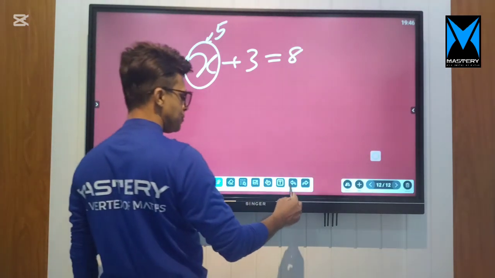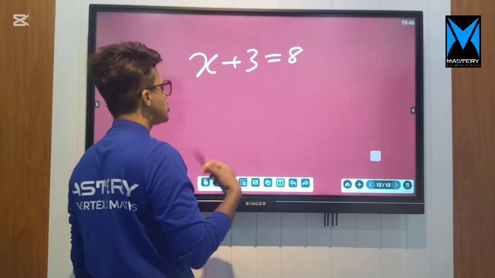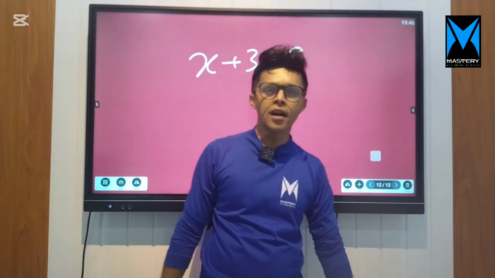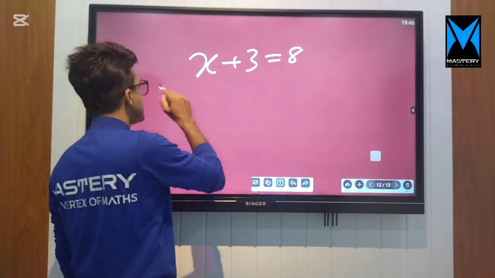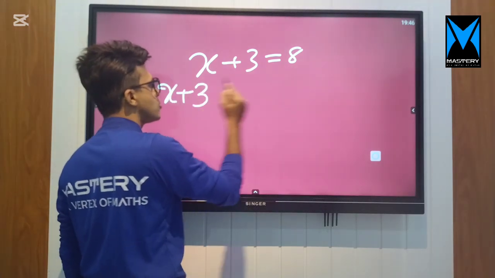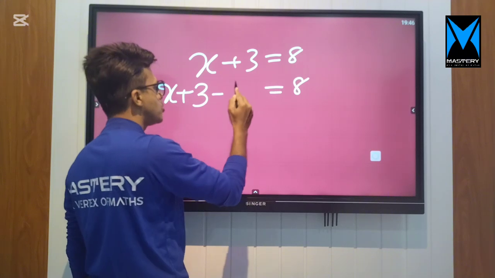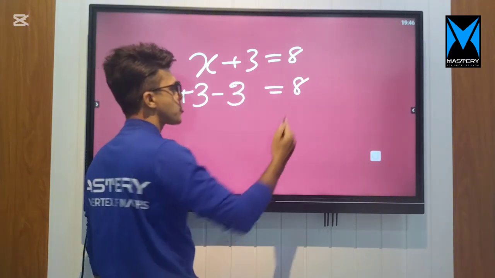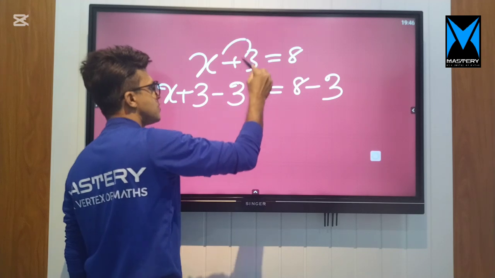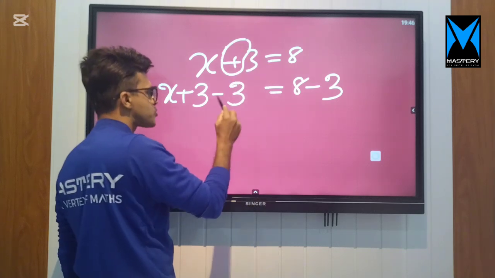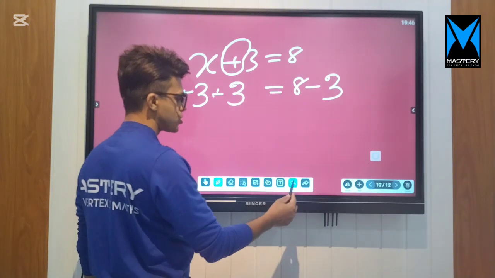So anyway, you need to learn a certain method to get the value of x here. Here plus 3, so you could subtract 3 from both sides. If it is plus 3, you need to subtract 3, the opposite of the digit that you can see here.